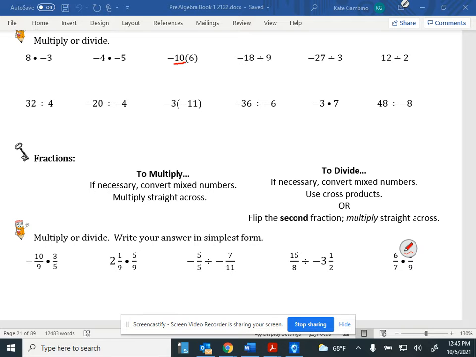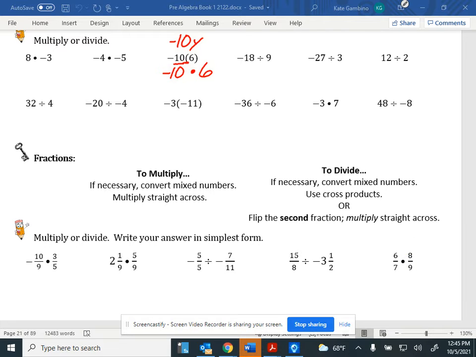So if you are right outside of that parentheses, it is the same as saying multiply. That's a really good thing to know as we're getting into the algebra. Whether it is a parentheses or a variable, anything that's right next to each other like that means you multiply them.